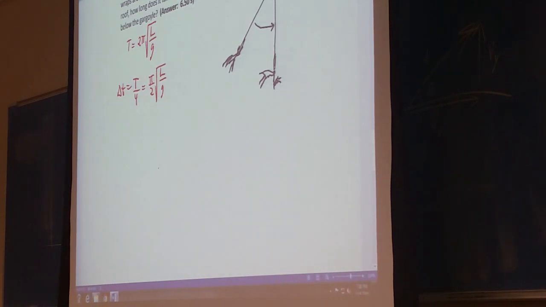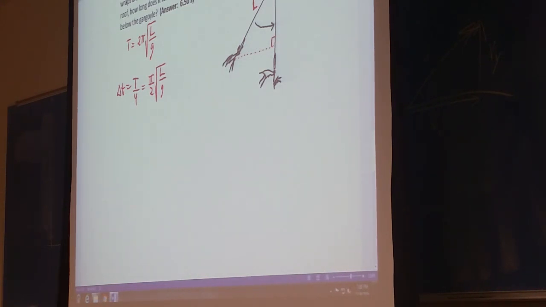We know what everything is except for L. So how do we find what L is? The length of the pendulum? Well, the string, or the rope, can be thought of as the hypotenuse of a right triangle.